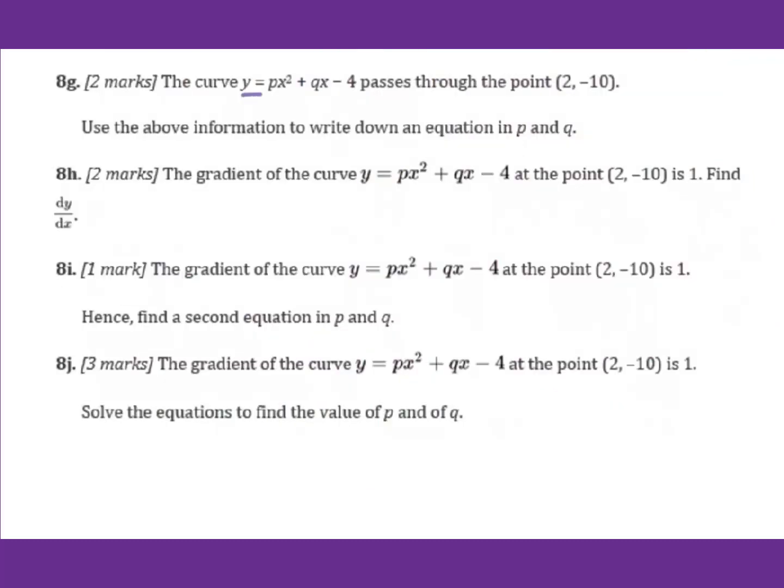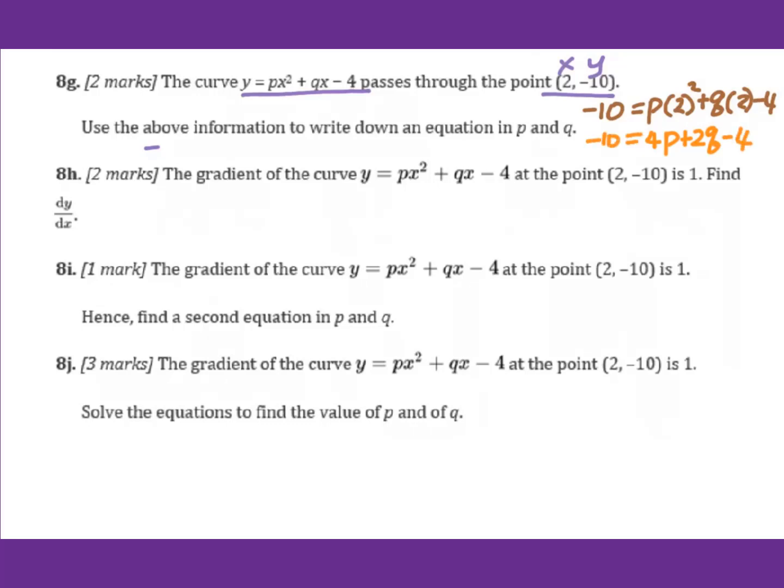Let's go to 8g. The curve y equals px squared plus qx minus 4 passes through this point. Use the above information to write down the equation in p and q. Here's x, y, we just need to plug in. So you get negative 10 equals p times 2 squared plus q times 2 minus 4. So you have 4p plus 2q minus 4.